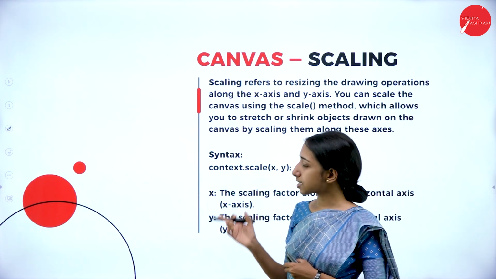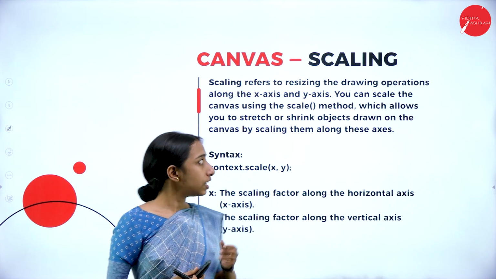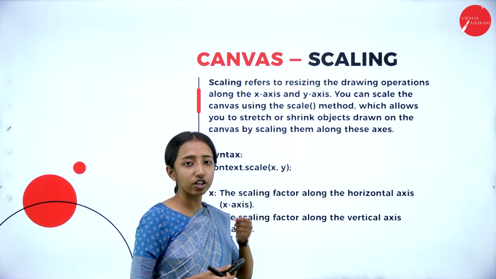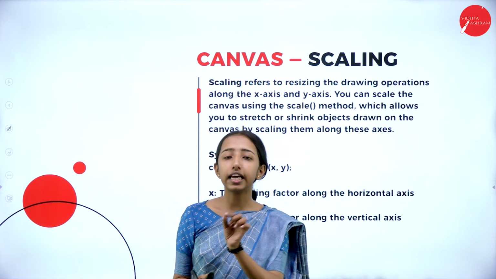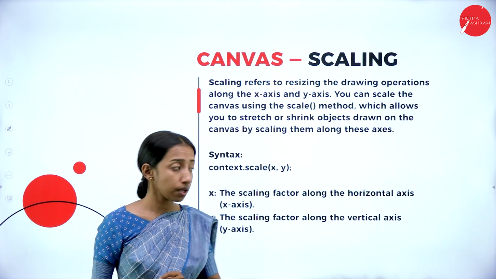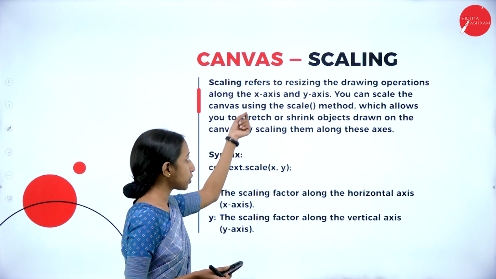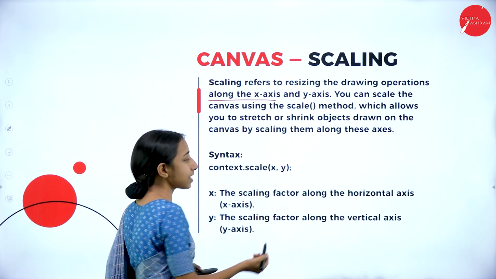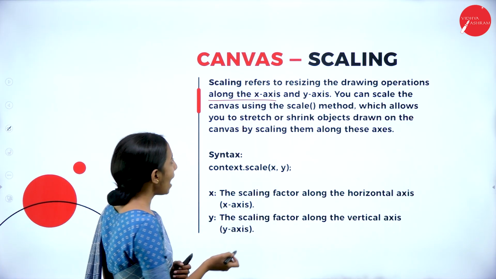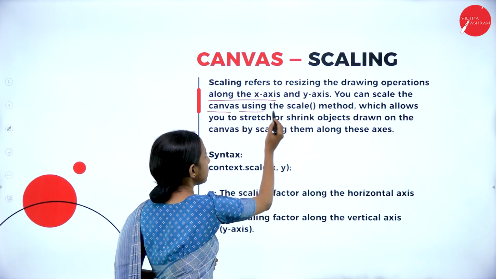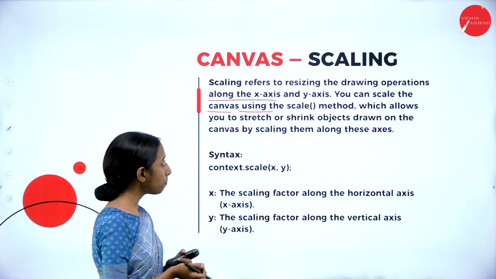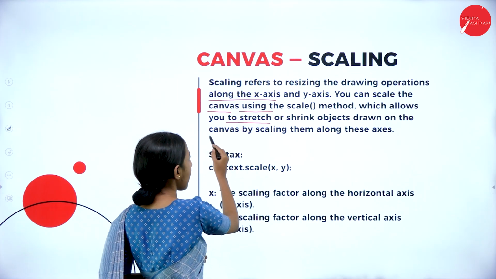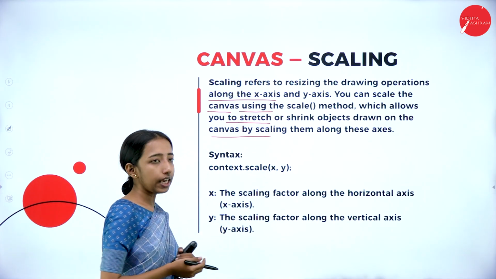The next topic is how we can do scaling in the canvas. So we have seen the rotation. The next is how we can do the scaling. So what is scaling in the HTML5 canvas? Here scaling refers to resizing the drawing operations along the x-axis and y-axis, and we scale the canvas using the method called the scale method, which allows us to stretch the objects drawn on the canvas by scaling them along the axis.